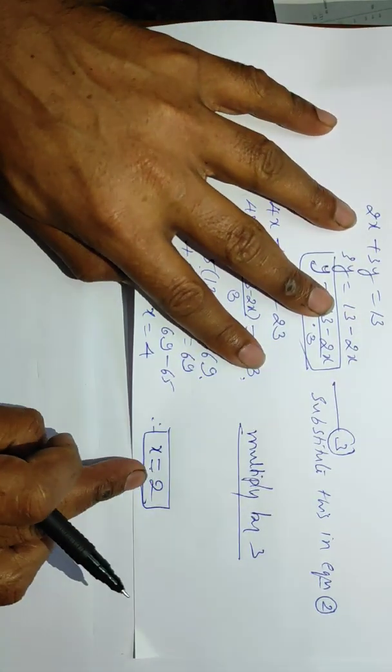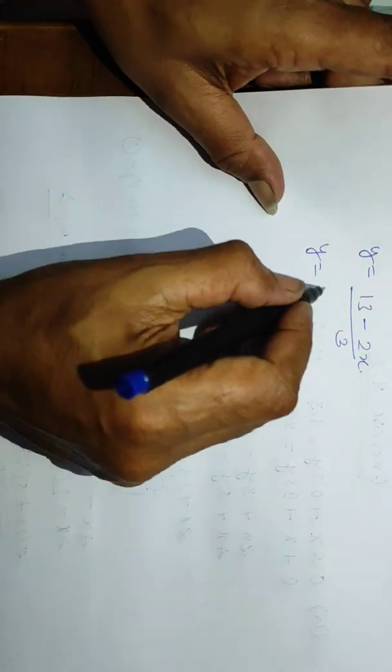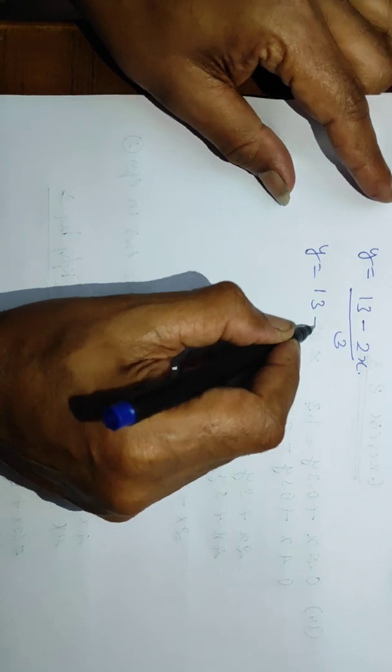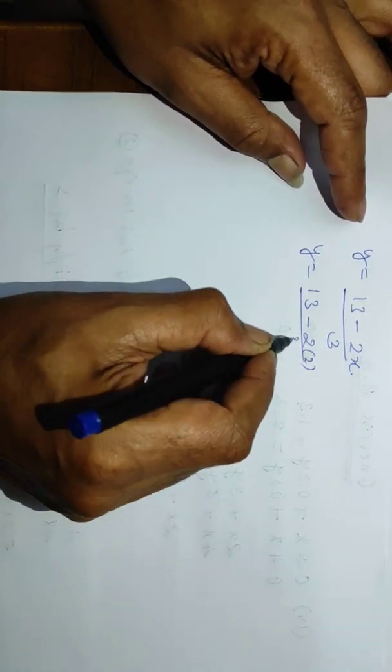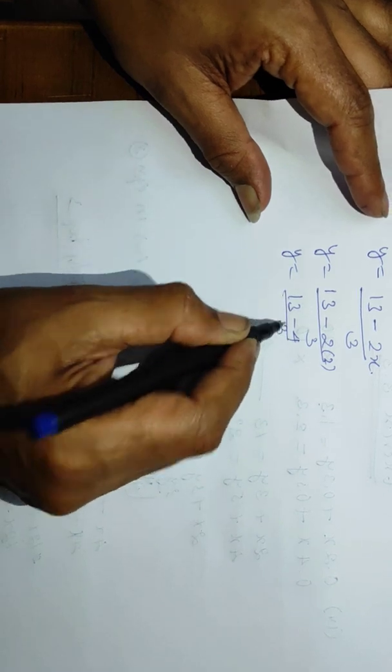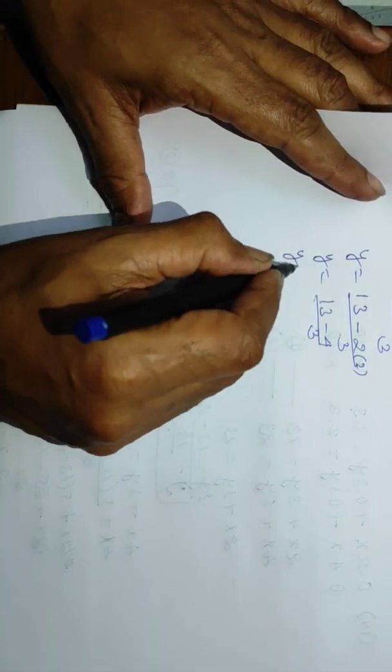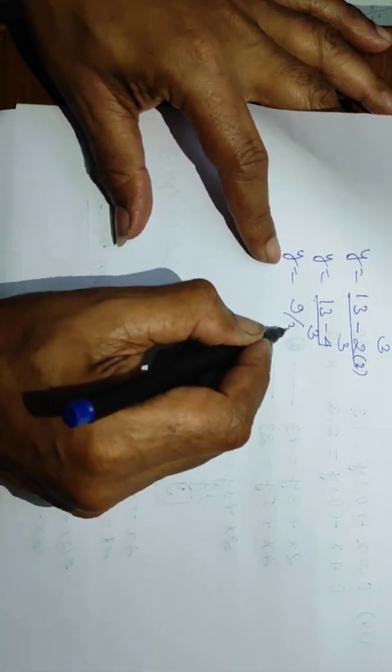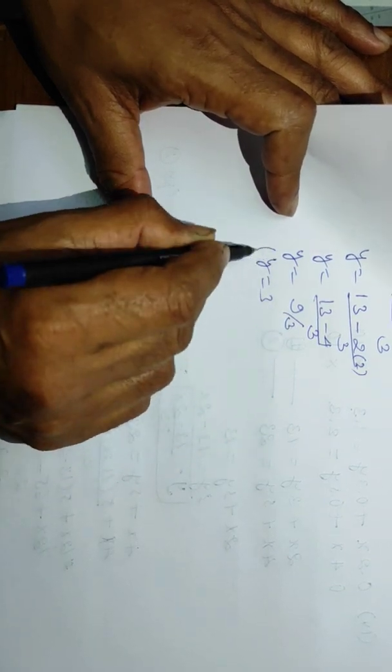In this, let me substitute the value of x. What is the value of x? 2. So 13 minus 2 into 2 by 3. y is equal to 13 minus 4 by 3, y is equal to 9 by 3. So y is equal to 3.